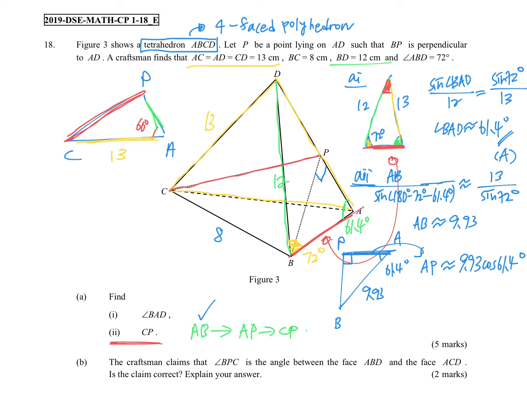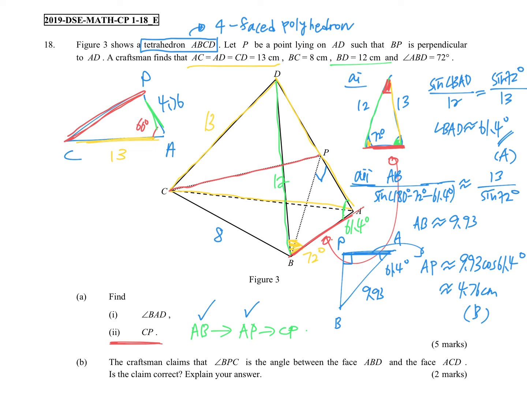Directly use the calculator. So that will be 4.76. This one we may need to save it as B then.